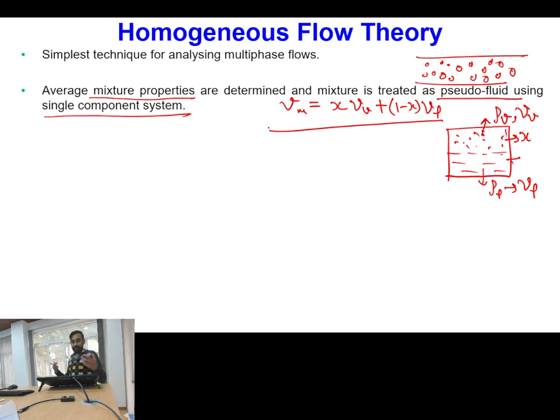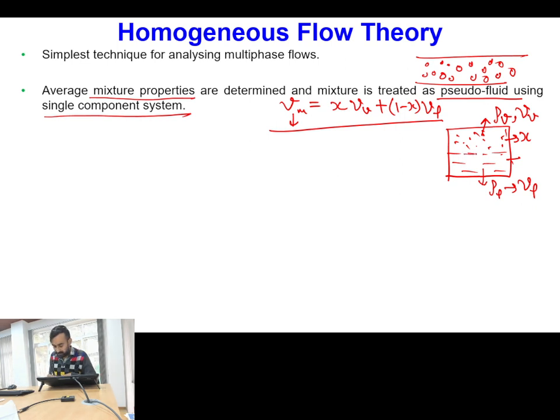Over here, whatever mean value of specific volume I get, this number is not acquired or shown by any particular fluid, because in the fluid you have two different arrangements.